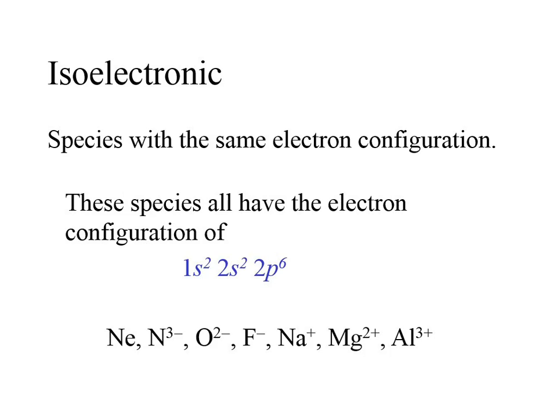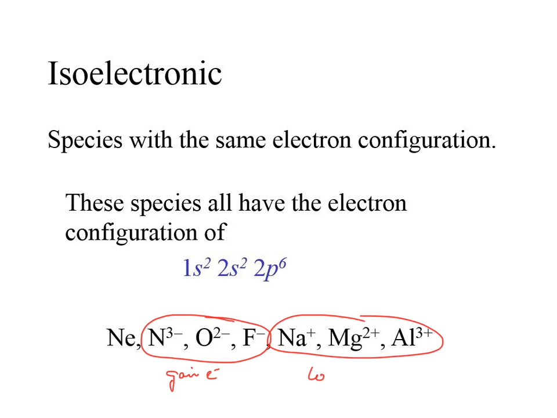If you look in the same period as neon, you have these 3 species that are gaining electrons. The period beyond neon, you have these 3 things that are losing electrons. So gain electrons, lose electrons. These are the nonmetals, and these are the metals.